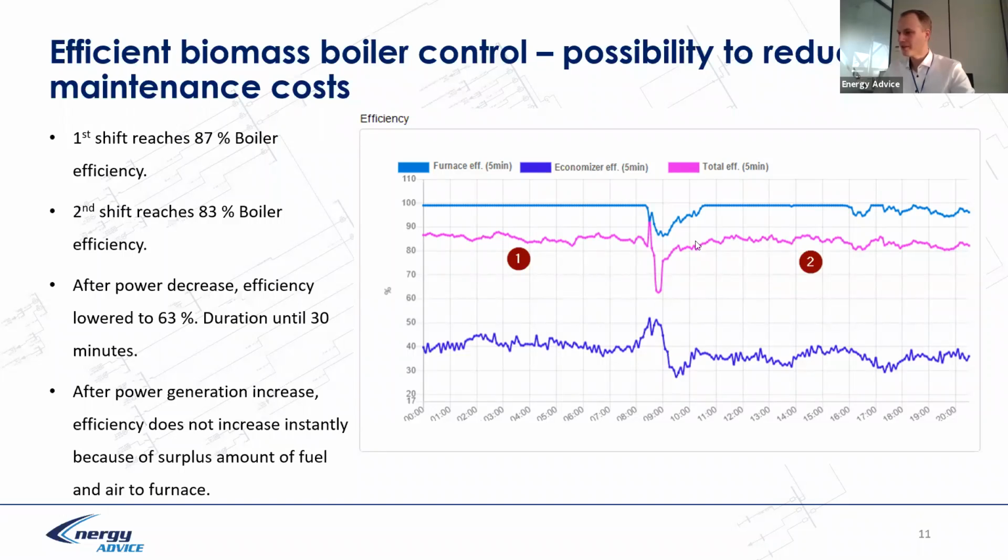However, this effect was the absolute opposite, because the control system was not capable of reducing fuel supply effectively, and there was a surplus fuel supply. Because of this surplus, we burned the fuel and efficiency was quite bad.